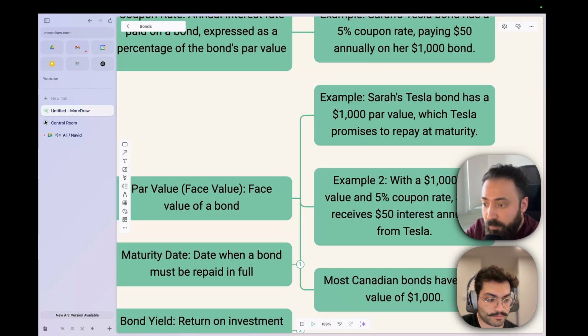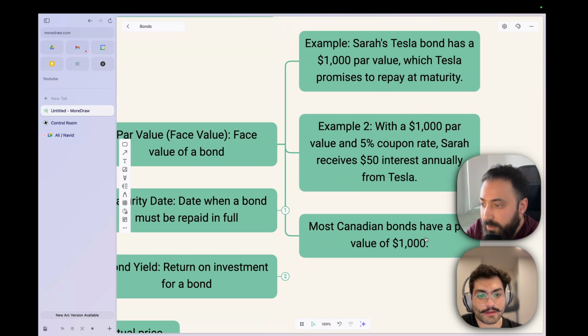But we will see in the next couple of sections what these mean exactly. And most Canadian bonds have a par value of $1,000. Yeah, that's something standard, I guess.